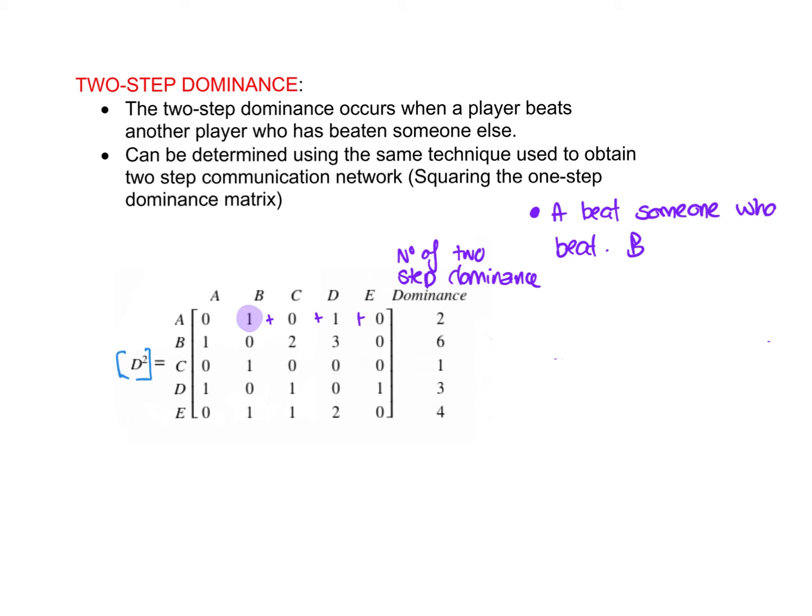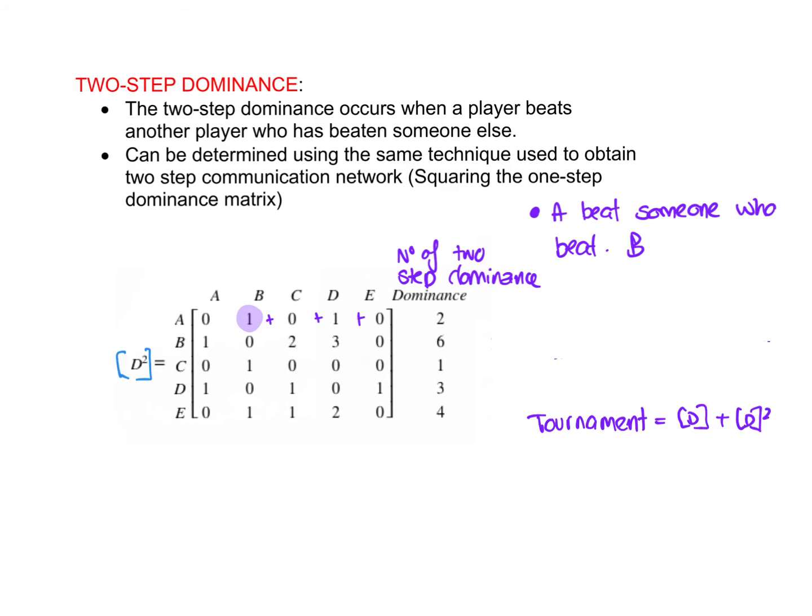All right, so we simply just square it and that's it. Sometimes they ask us for the number of two-step dominances, so that's when you just find that. But often when we're finding the competition in a tournament, they will ask for the combination, and they'll say that the tournament winner will be the addition of D plus D squared, which means one and two step.